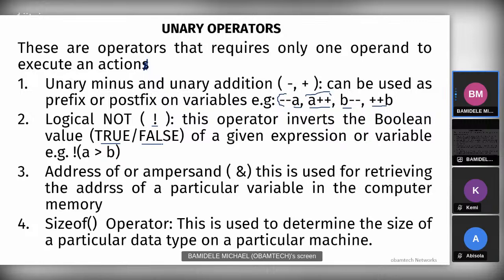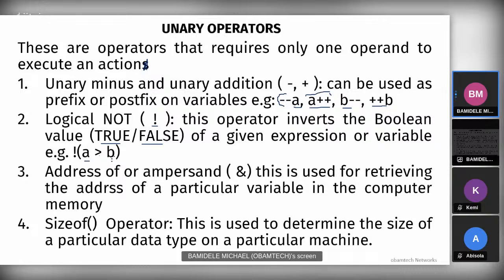Boolean expressions are used to test for true or false, or to test how truthful or how falsy something can be. For example, an expression inside this bracket, A greater than B, is trying to tell you: is A greater than B?